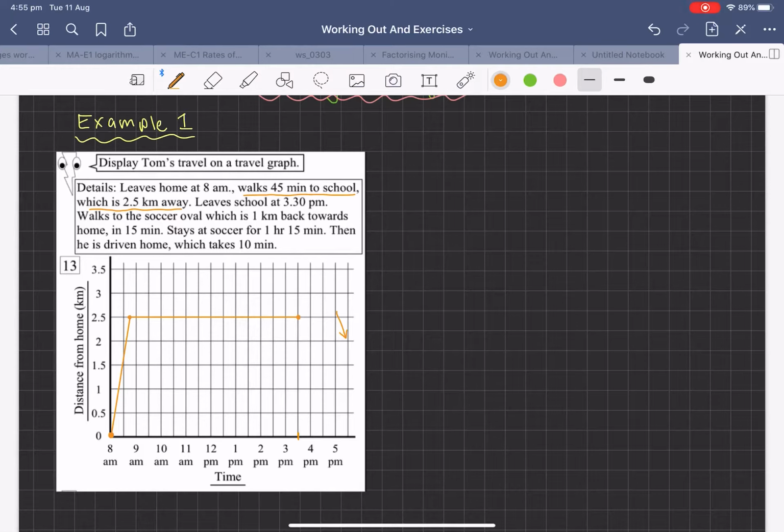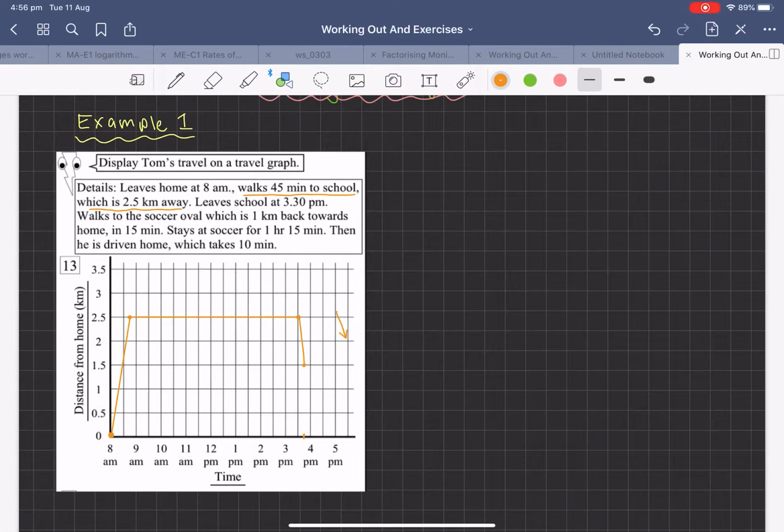So it only takes him 15 minutes, which means he'll get there at 3:45, which is just here. So it's 1 kilometer, which means he's now 1.5 kilometers from home. And it says 1 kilometer back, 15 minutes. So I can draw that bit in there now. Let's try and straighten that up a little bit more.